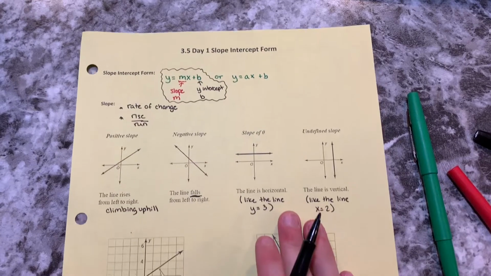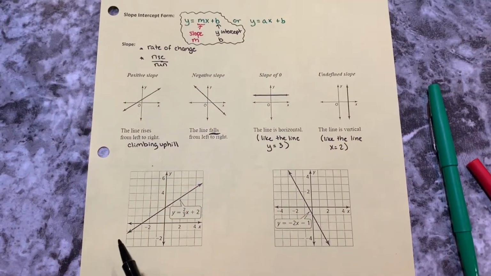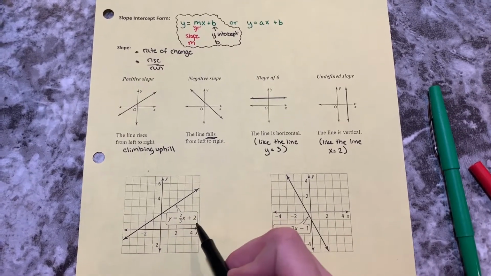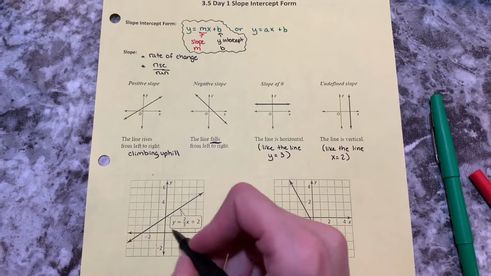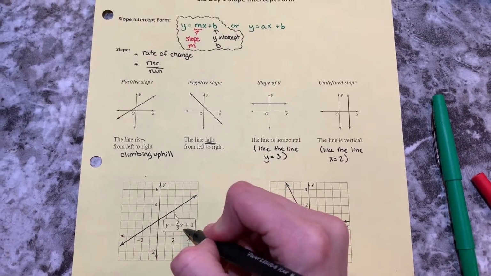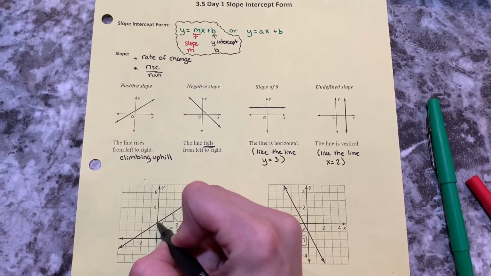Now, if I take a look at this graph right here, this is the graph of the line y equals 2/3 x plus 2. Let's take a look at how these pieces fit together. That 2, notice how it's a positive 2? That's the y-intercept.